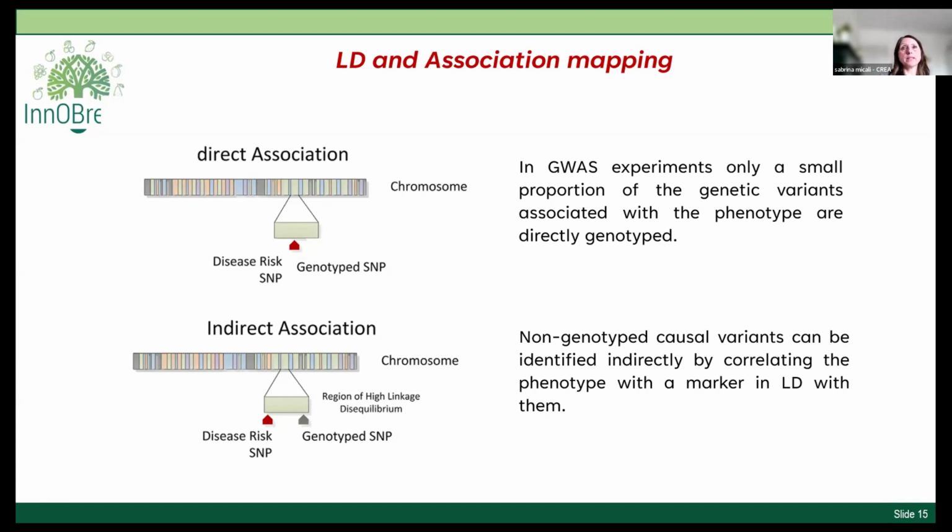In this case, we have a direct association between the genotype and the phenotype, and we associate the causal variant. While when the causal variant is not genotyped, we can make the association of a phenotype with the region of high linkage disequilibrium through the genotype that lies in the linkage disequilibrium region.